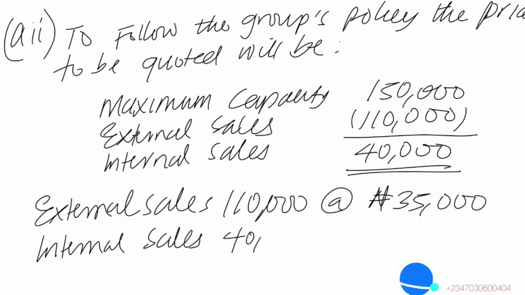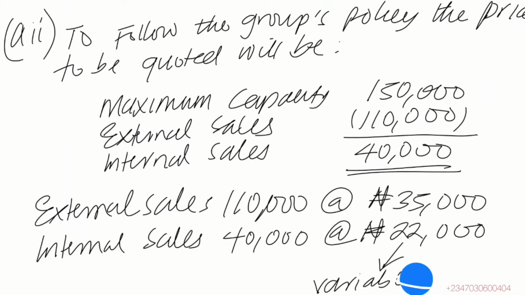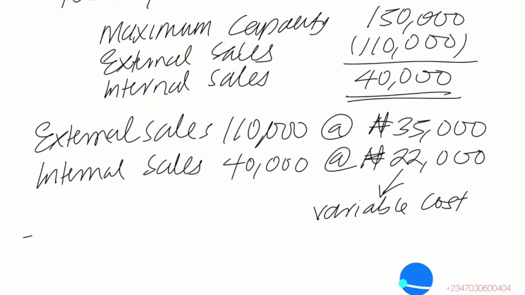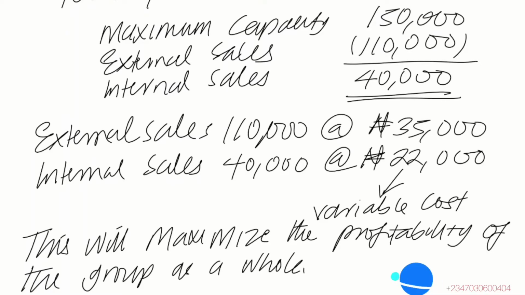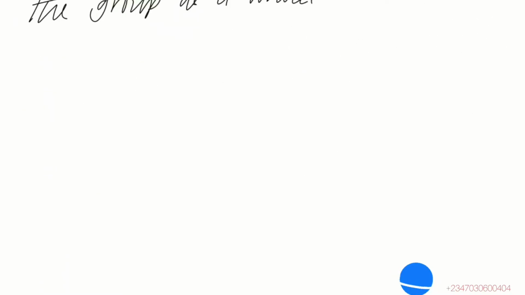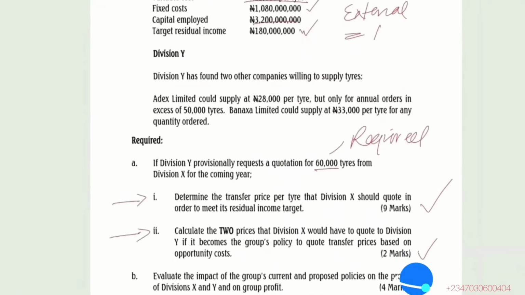So the balance for internal sales will be 40,000. Those 40,000 now will be sold at the variable cost of 22,000, while the external sales will be sold at 35,000 per unit. This will maximize the profitability of the group as a whole. So the prices will be 35,000 and 22,000, and 110,000 units will be sold for 35,000, while the balance will be sold to Division Y.